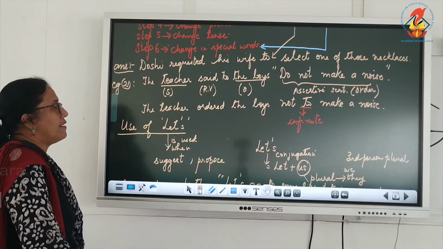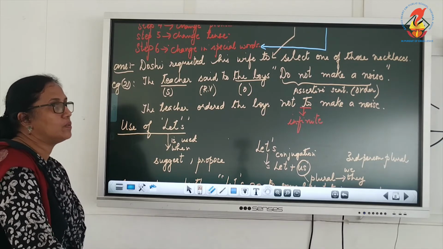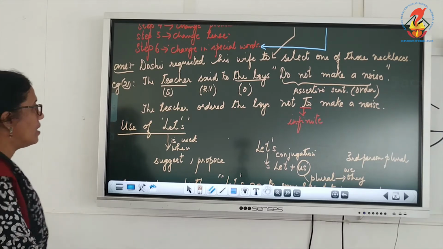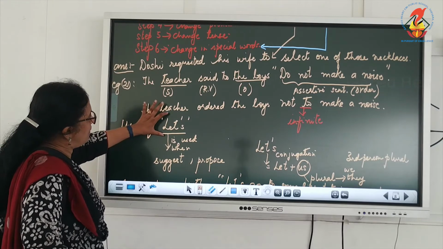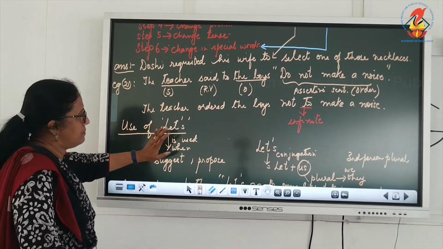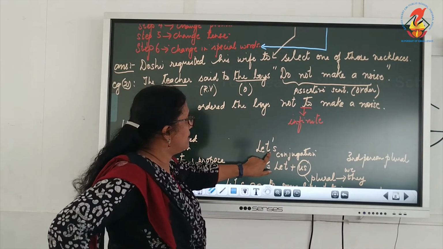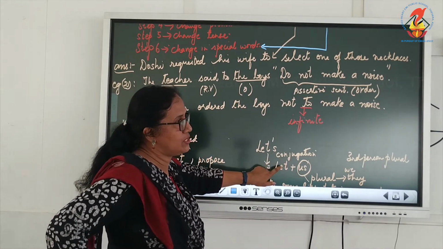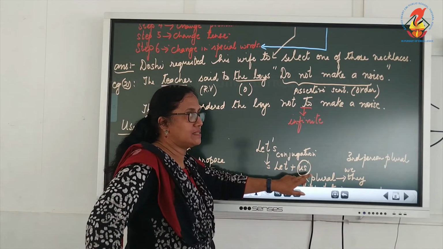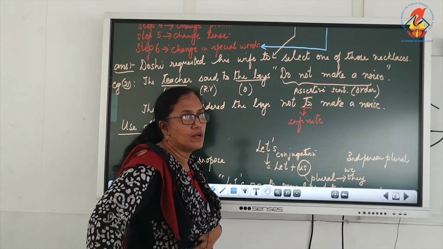Sometimes we have got sentences that begin with let's or let. Okay. Now, what do you understand with the word let's? Let's is nothing but the combination of let plus us. Us means we are talking in terms of plural, isn't it?